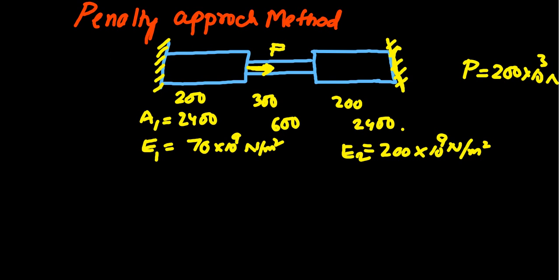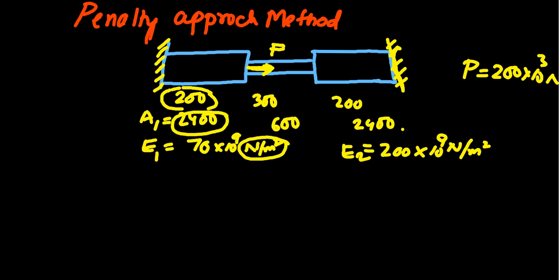So here first we have to check whether all the dimensions are in the standard format. For example, the lengths are given in millimeter and the area is also in millimeter square, whereas Young's modulus is given in Newton per meter square.